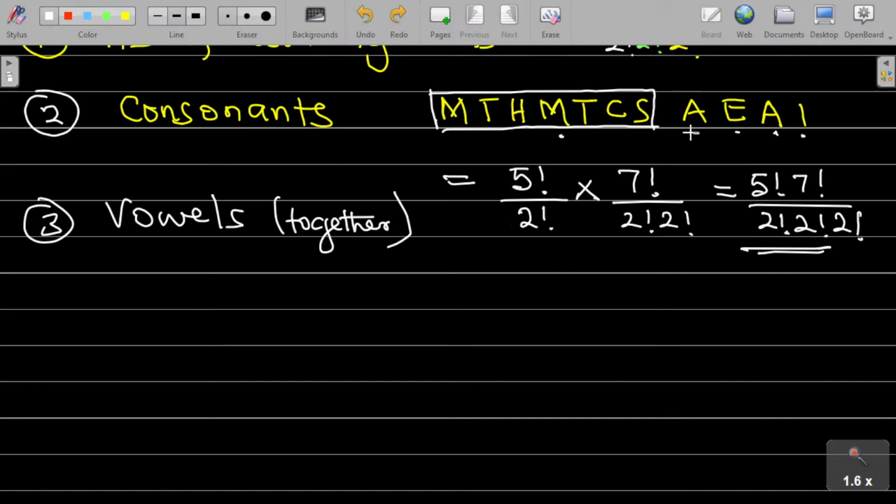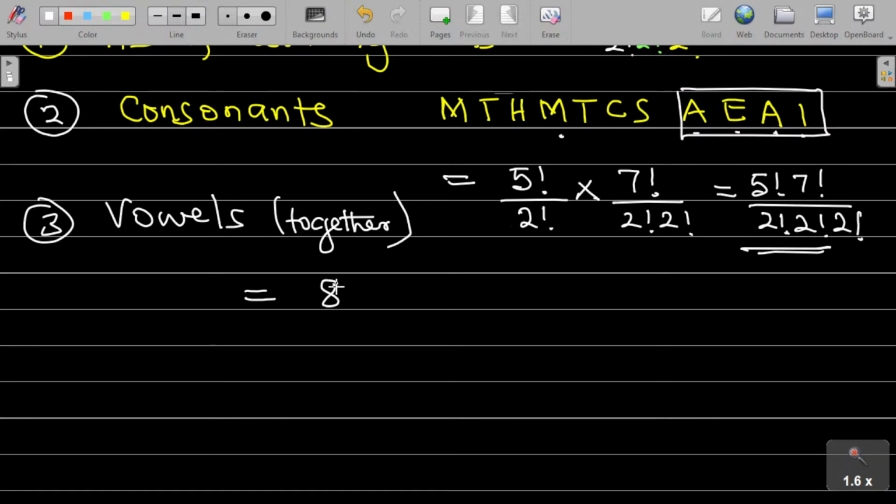Okay, so for vowels, all we needed to do is leave this one open, and then tie this other one. Okay, so let's tie this. If we tie this one, we are going to have the consonants: 1, 2, 3, 4, 5, 6, 7, then 8.